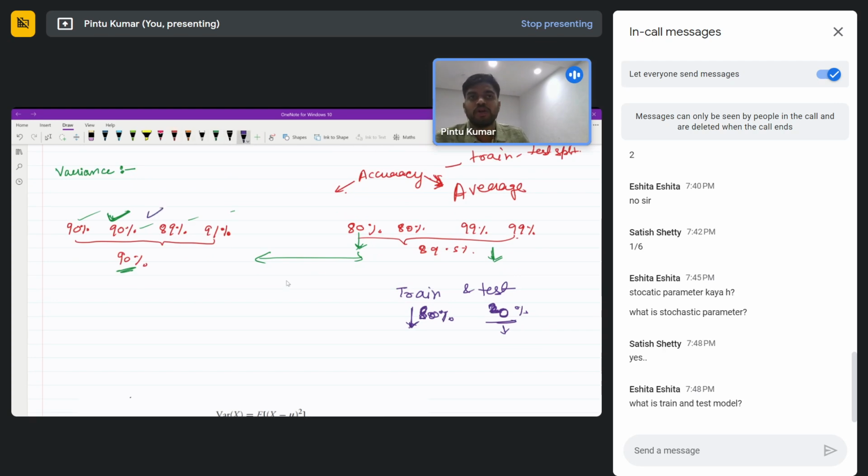So the first model, Ishita, train and test are not models, but parts of your data set.